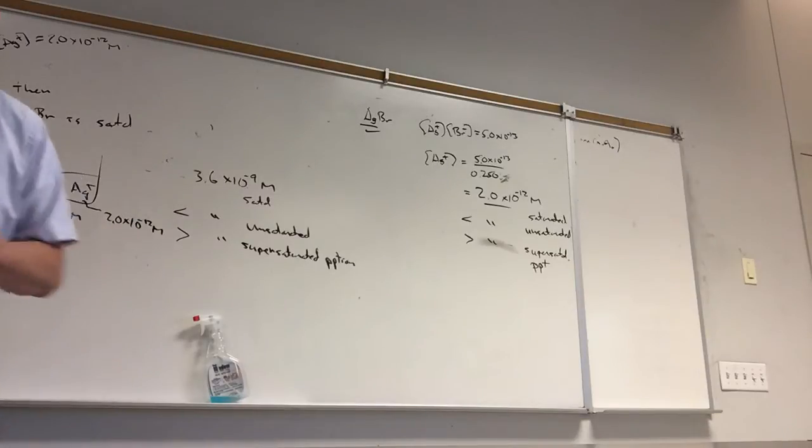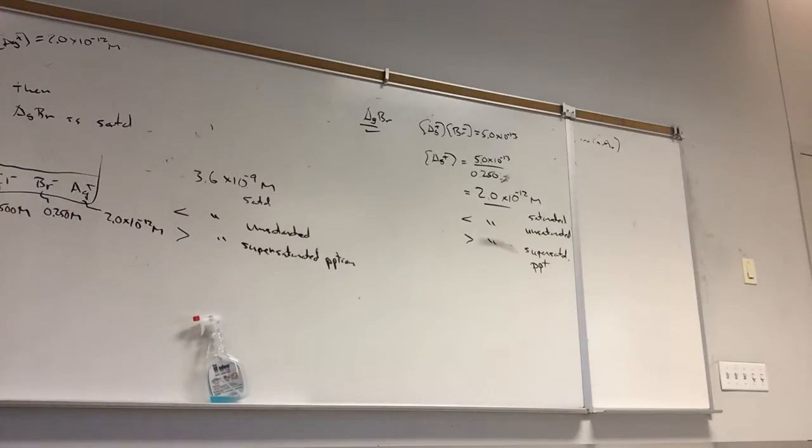And so what does this mean? This means that the combination of silver chloride is unsaturated because QSP is less than KSP. Nothing's going to happen between silver and chloride.